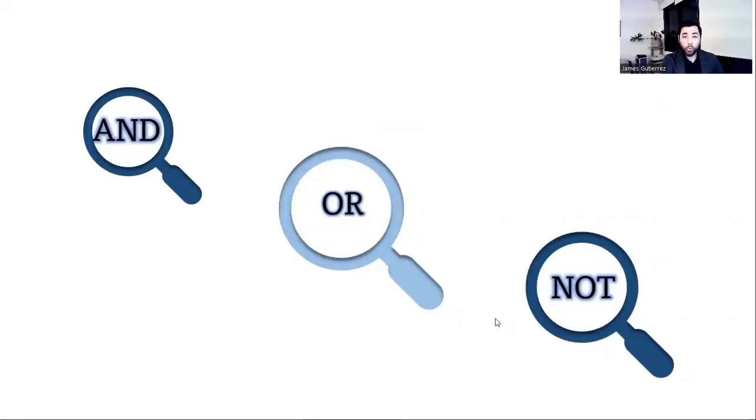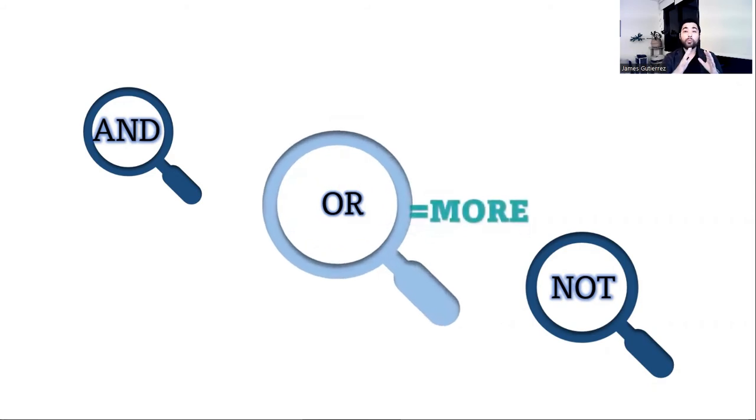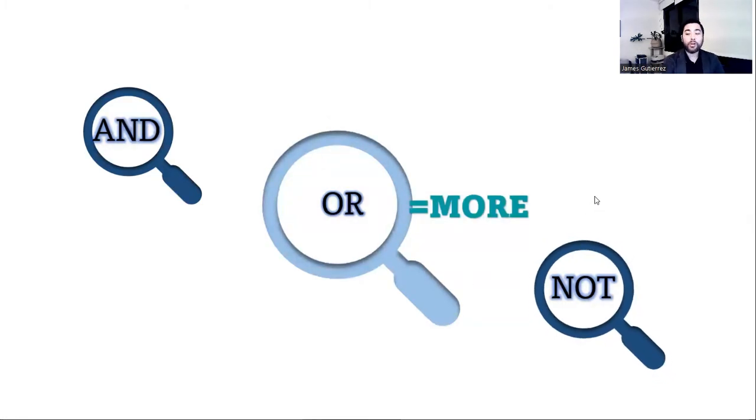On the flip side, if we use the operator "or", it will broaden or grow your search population, because all you need is just one of any of the criteria that you string together with the "or" operator to be present in order for that person or that candidate or that item to show up in your search result. Easy way to remember it is "or" equals more. And lastly, when we use the operator "not", we again shrink our search population, because we are excluding certain results, therefore we have a smaller population.